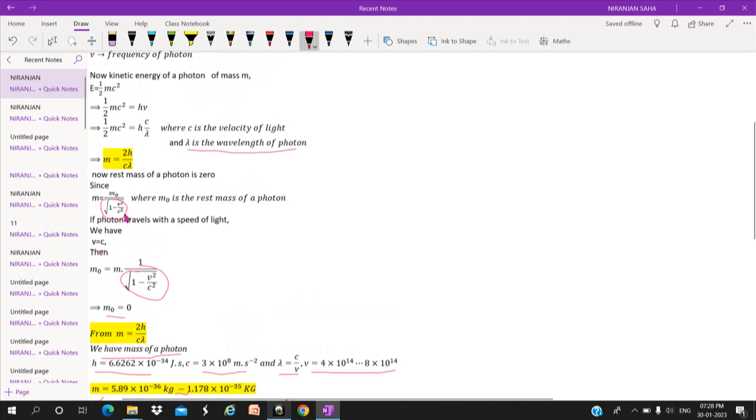Here we have taken the velocity of the photon when it travels with the speed of light, then we will get v is equal to c. So this term vanishes.